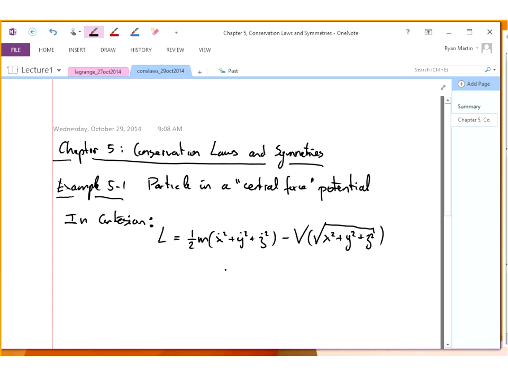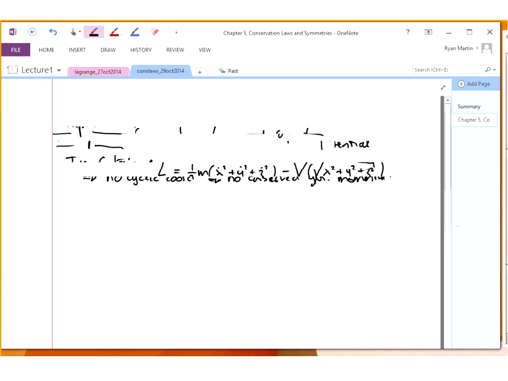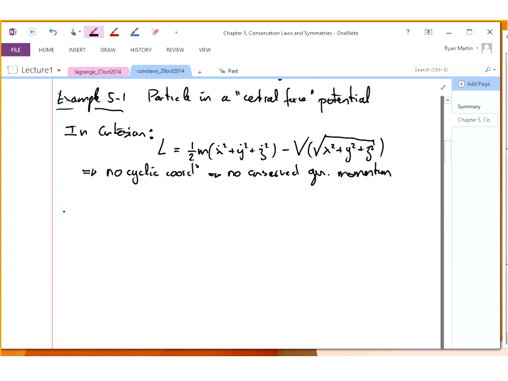So we conclude that there are no cyclic coordinates, and thus no conserved generalized momentum.